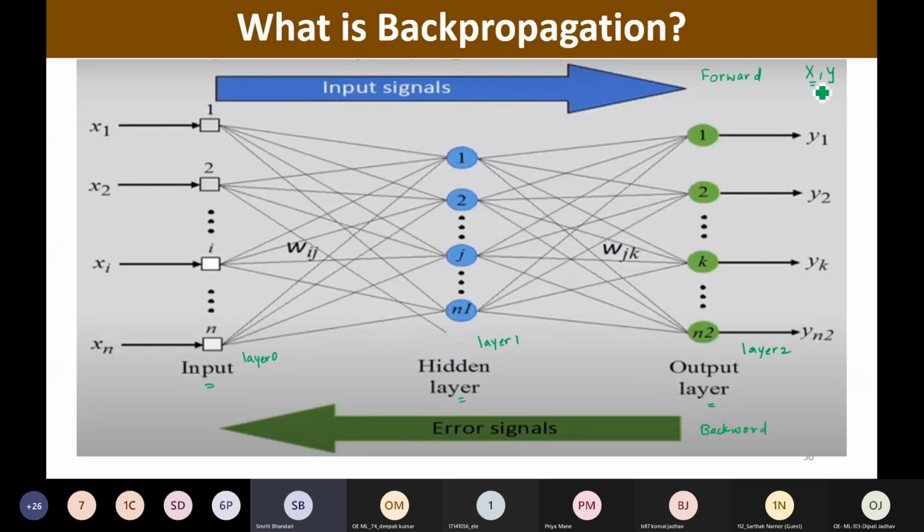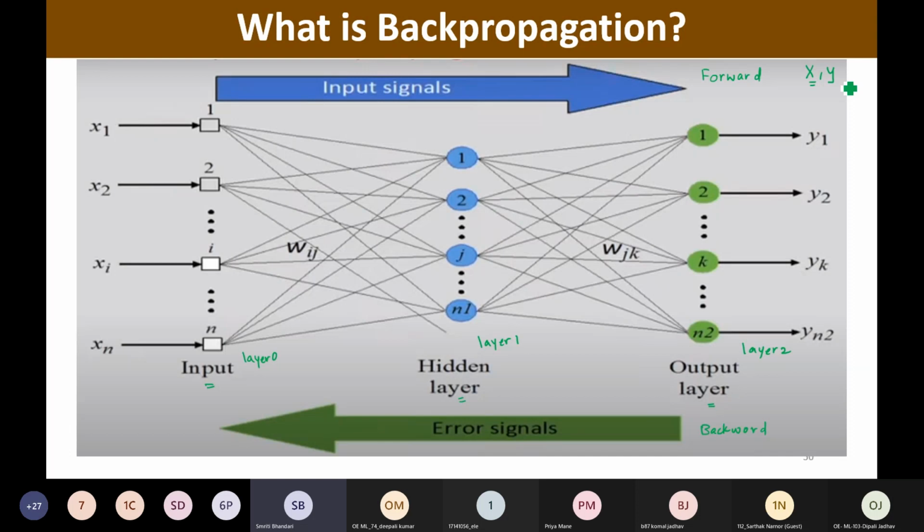So x is my input feature vector and y is the associated label that I know, right? So the output is known for training data because this is a supervised architecture. We know the input and we know the actual output from the training data set.